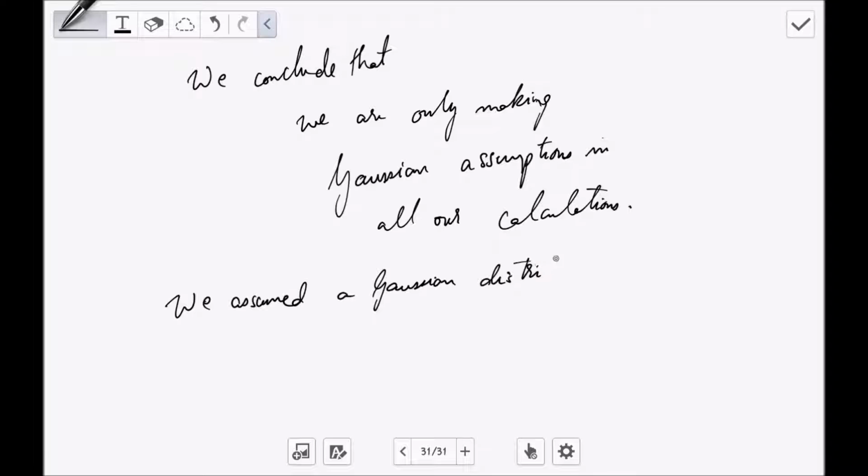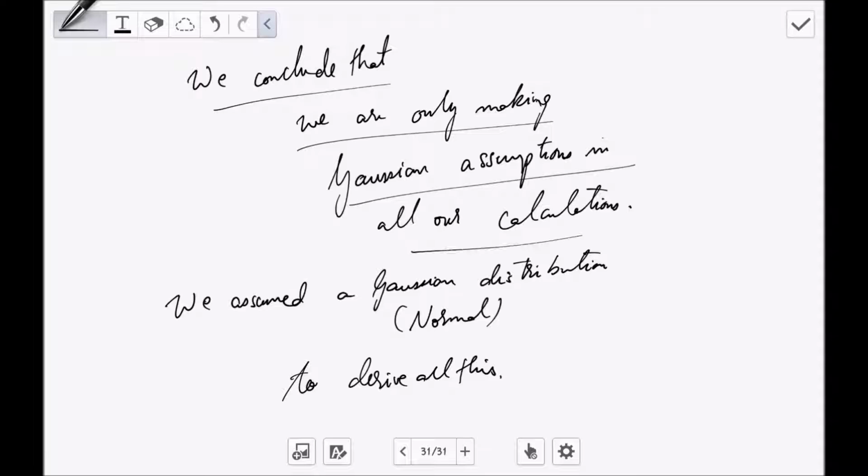This has to be kept in mind. This is not true for any distribution. It is true only for a Gaussian distribution. That means covariances, these all are actually defined for those variables that are Gaussian distributed. Okay, this is fine.